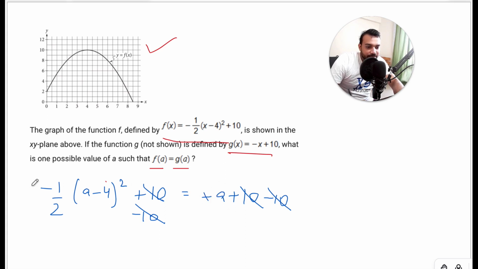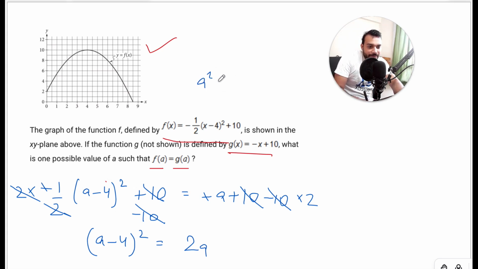Negative signs cancel. You can multiply with a 2 on both sides. So this 2 and this 2 cancel. It becomes a minus 4 squared is equal to 2a. Okay. So these steps were quite fast. Maybe just pause and rewind to see if you follow each step.